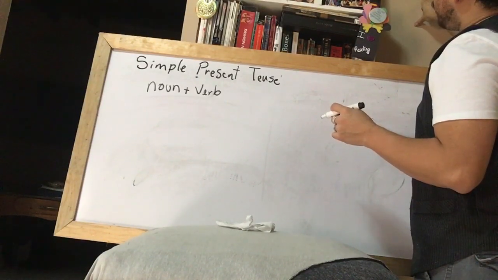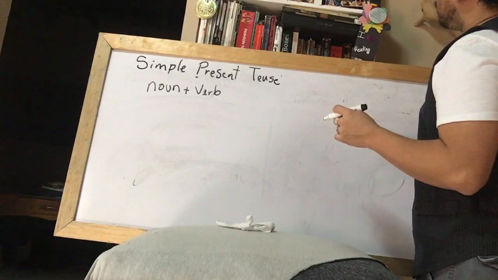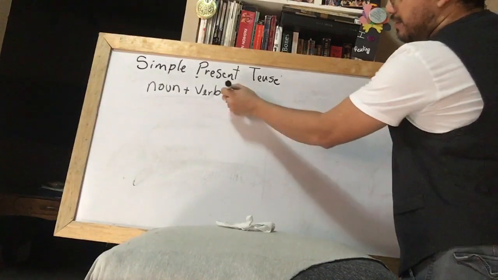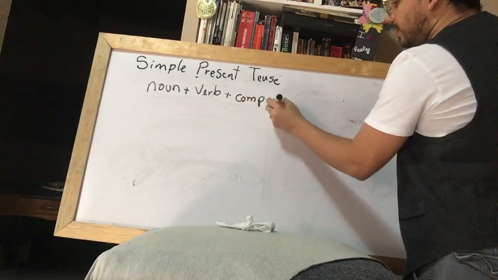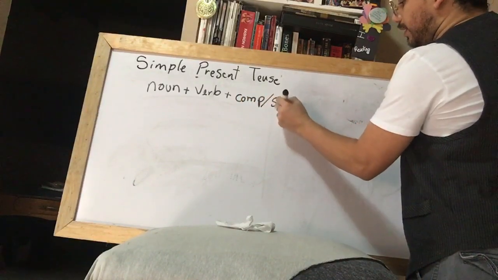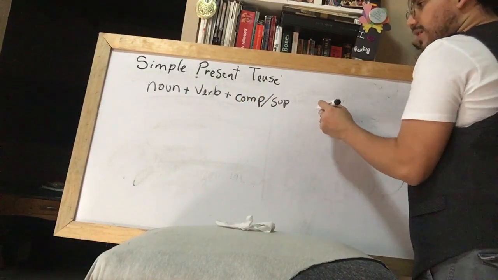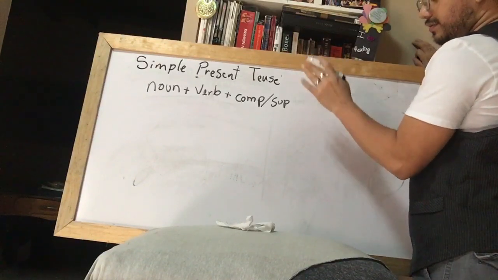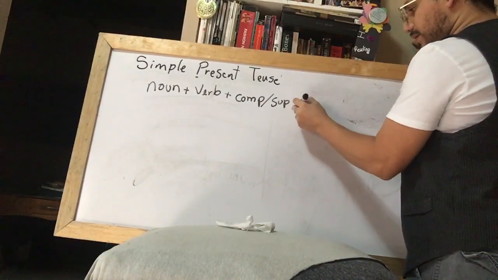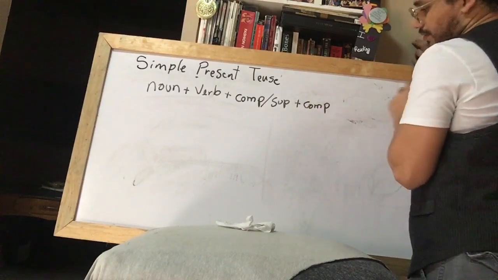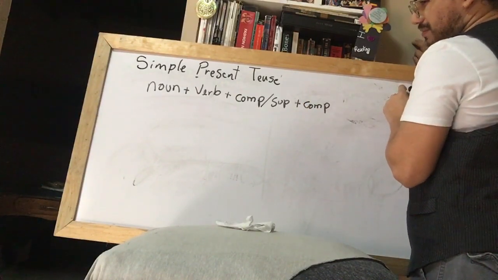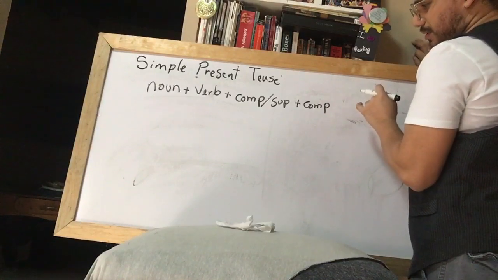I clean faster than. Okay, so we can write plus comparative or superlative, depends on what we're choosing. I clean faster than my sister. Plus complement. Okay? And sometimes I'm going to ask you for the synonym of something.